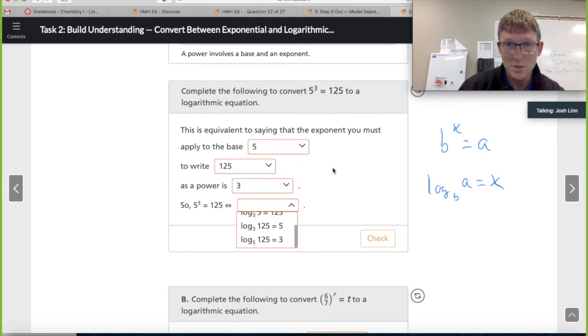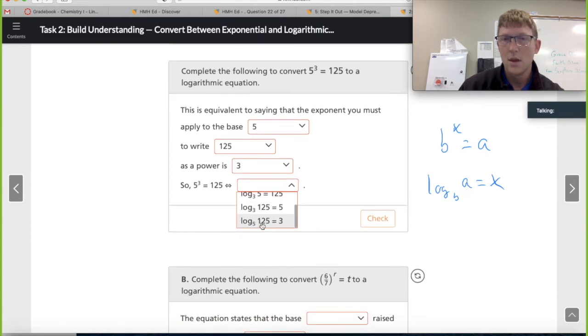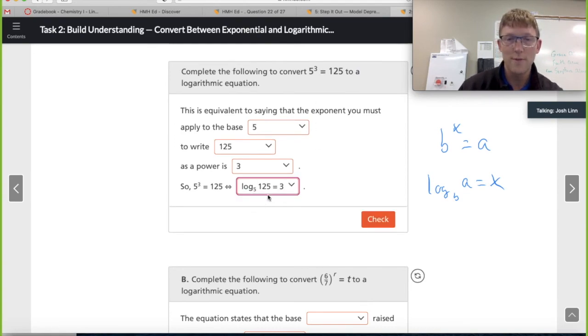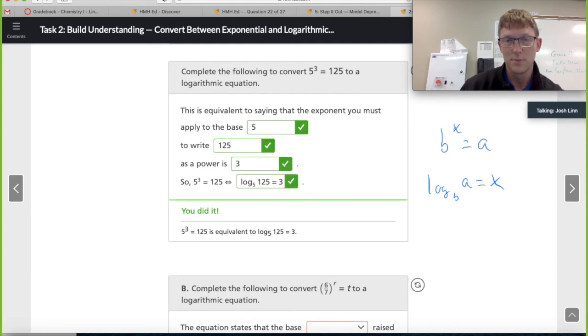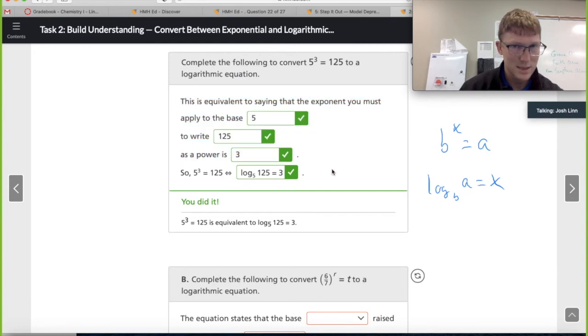Take this and turn it into a log. So figure out which one goes here. So again, 5 is the base, so it is log base 5. So your options are either this one or this one. And it already equals 125. We want it to equal something different. So log base 5 of 125 equals 3. So again, don't worry too much about this stuff up here. That's a really bizarre way of saying it. This is the important part right here.